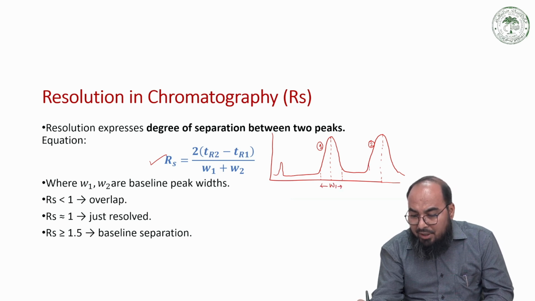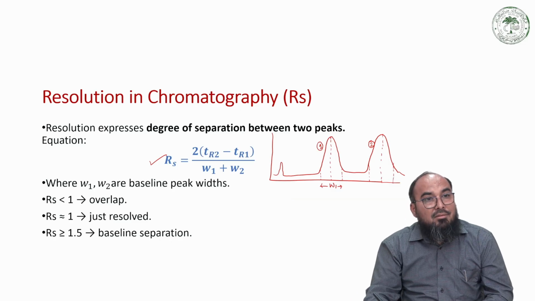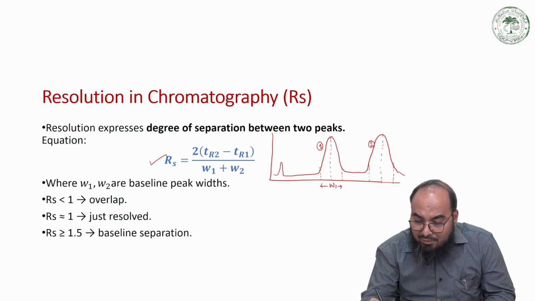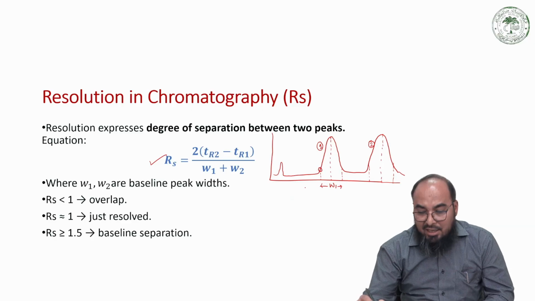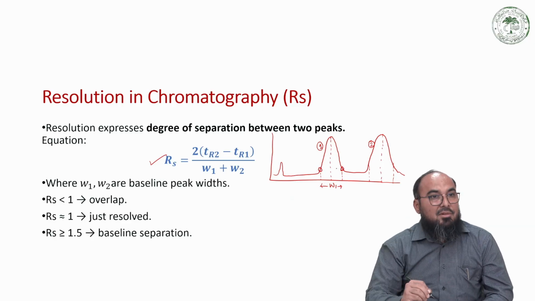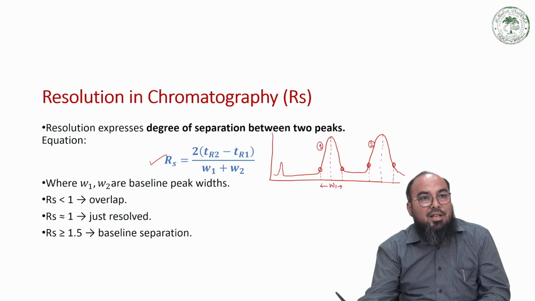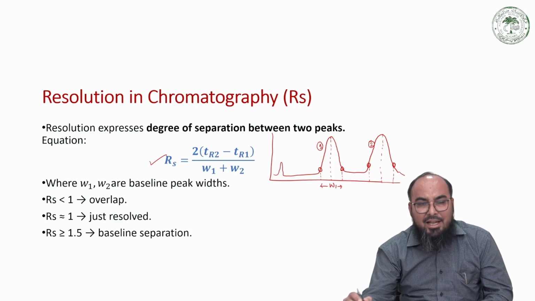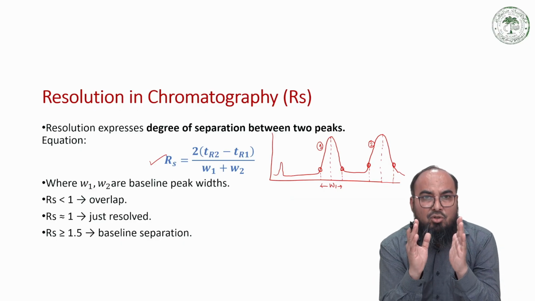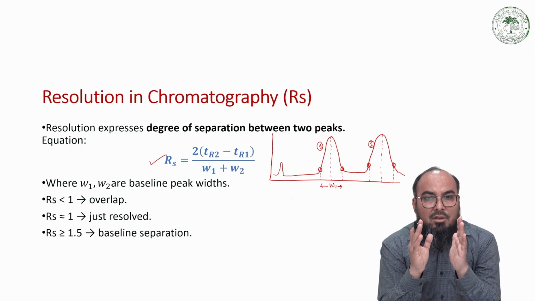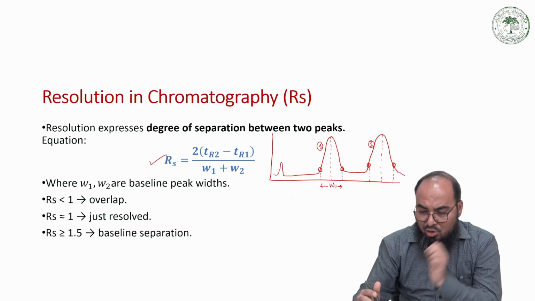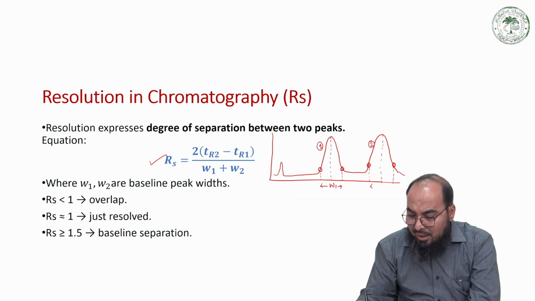Where do you have to draw the perpendicular from? That is important. You have to take the fronting part here and the tailing part here. Similarly, for dropping the perpendicular, you have to take the fronting and the tailing part, where maximum elution is taking place. This is W1 and this is W2.